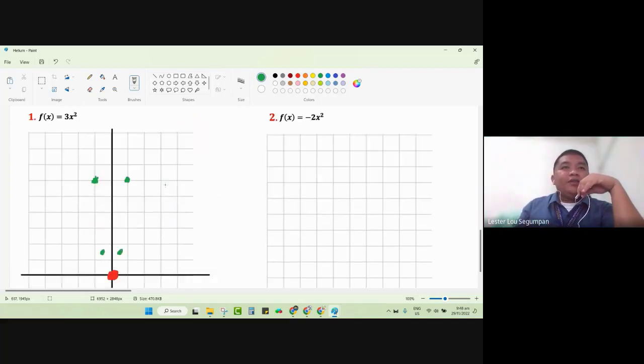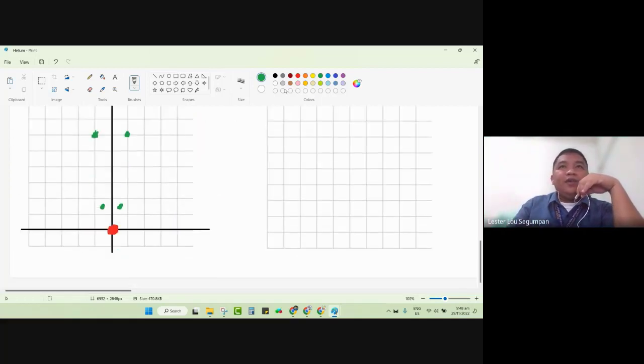So if I'm going to connect this, and pardon if I am not going to make this a little bit perfect. Let me just simply draw. Pardon for the graph, but it should look like this and that. It should pass through these points.